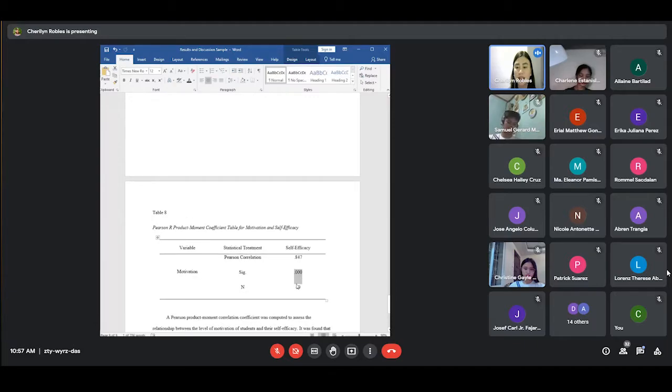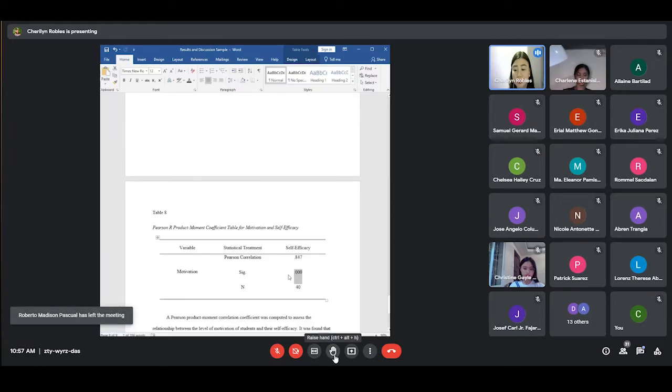Oy, what's the interpretation? Is this more than 0.05 or less than 0.05? Again, if our p-value is less than 0.05, and 0.000 is less than 0.05, so what would be the interpretation?